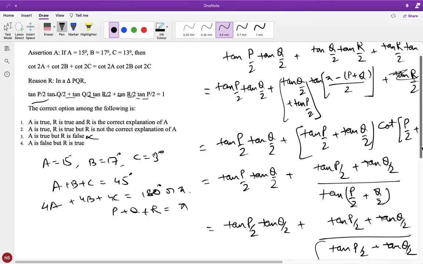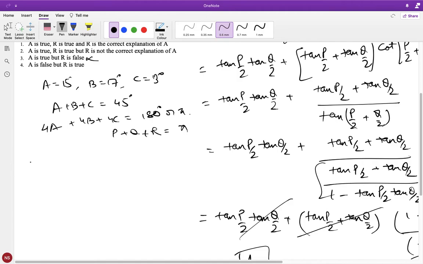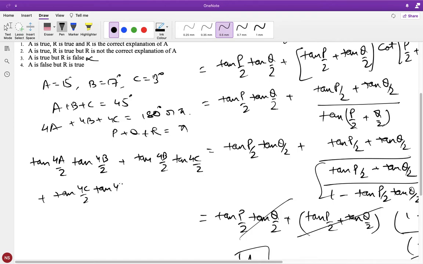Similarly, if 4A plus 4B plus 4C is equal to pi by 2, so tangent 4A by 2 tangent 4B by 2 plus tangent 4B by 2 tangent 4C by 2 plus tangent 4C by 2 tangent 4A by 2 should be equal to 1.